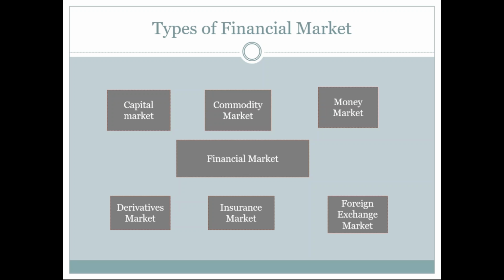Suppose cotton is costing 2,000 rupees per quintal at this time, and after 6 months you enter into an agreement to sell it for 2,500. So its price might go down, or its price might go up as well, but you are entering into a forward contract. So that way, this is an example of the derivative market, and it's a forward contract.